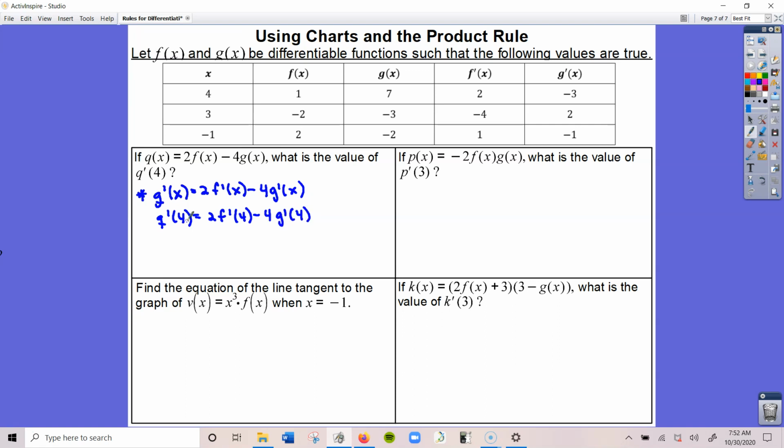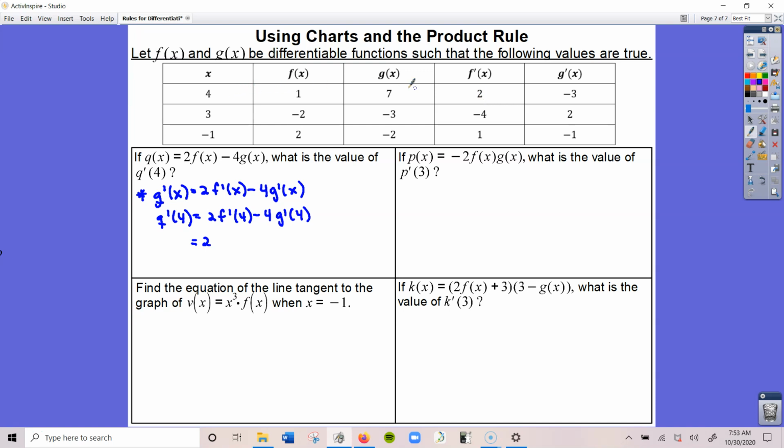Always make sure that you first plug in the number. Don't just start substituting numbers from the chart, because sometimes if we make a mistake, it's at least easier to see where we made that mistake. And this kind of keeps us organized. So we have 2, now f prime of 4. This is the column for f prime. So you have to make sure that you're looking at the correct part of your chart.